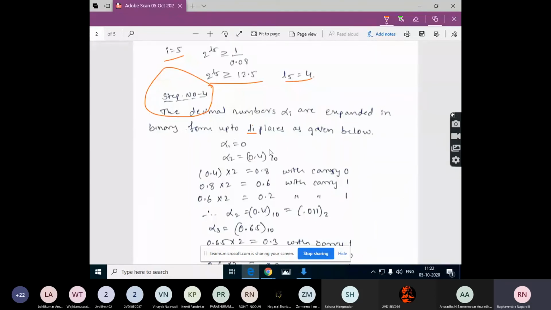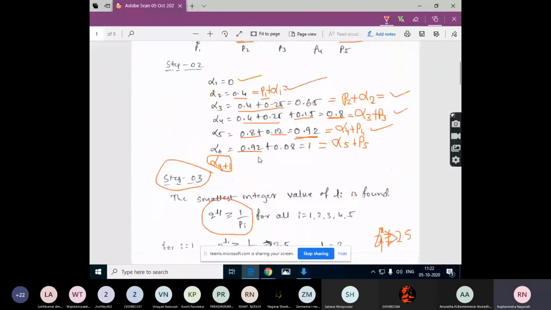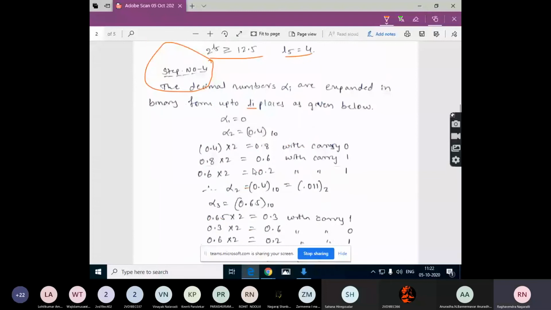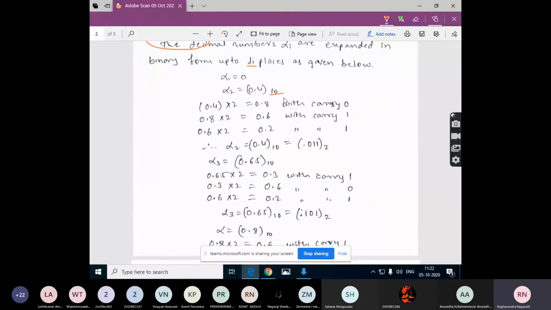Now alpha 2 is equal to what? 0.4, which is in decimal form. We need to convert it into binary form. How to convert? 0.4 into 2, what you will get? 0.8, and the carry is 0.